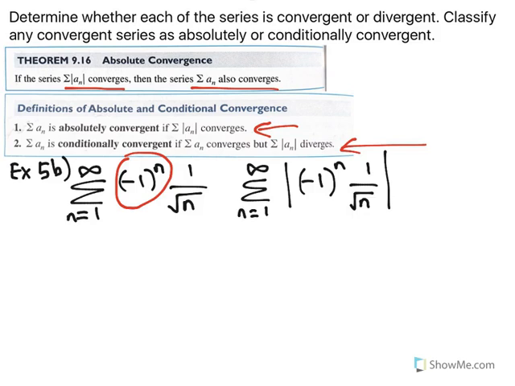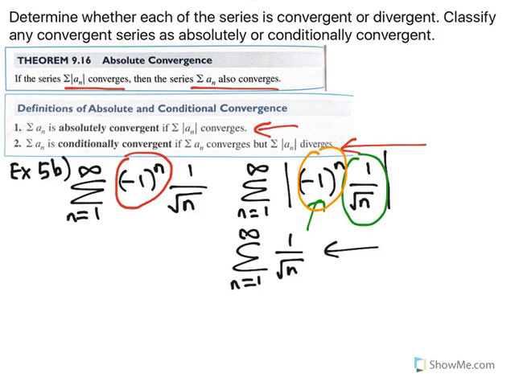So when you look at the corresponding absolute value series, the a sub n part is always going to be positive. It is the negative 1 to the n that could give us negative terms. But because we have absolute value, we won't have negative terms anymore. So you can simplify the notation for the corresponding absolute value series by getting rid of the negative 1 to the n and the absolute value signs, because all the terms here are going to be positive.